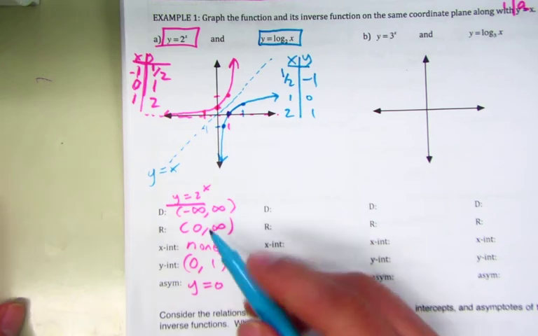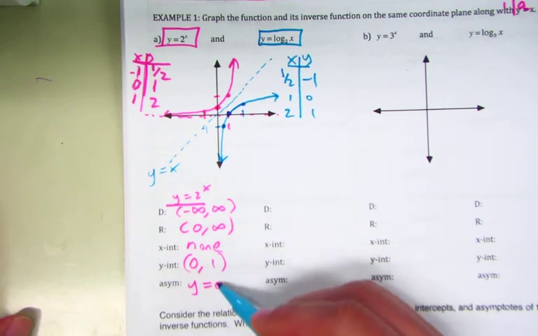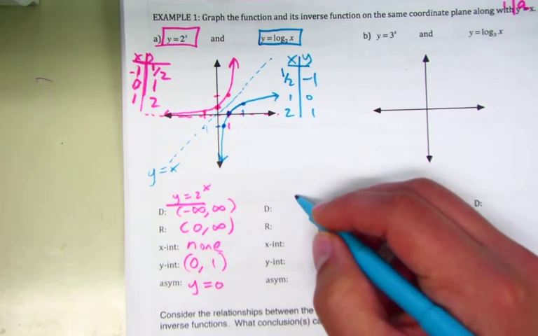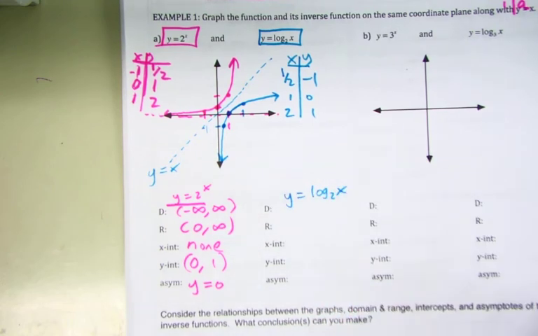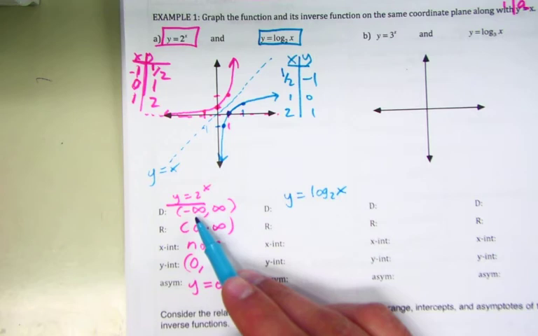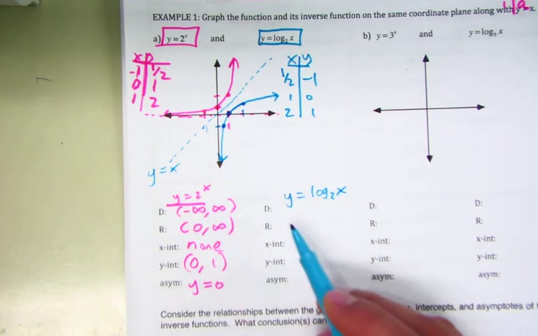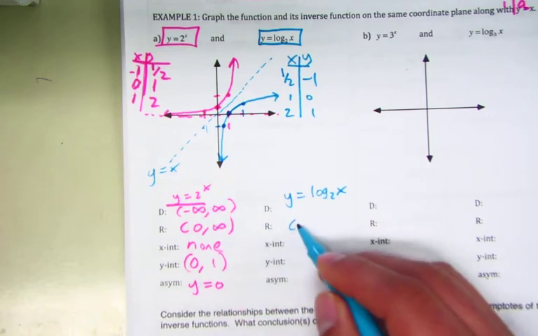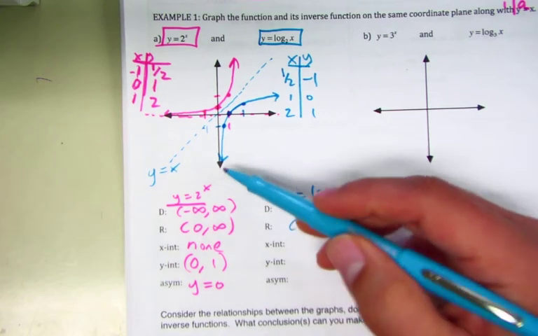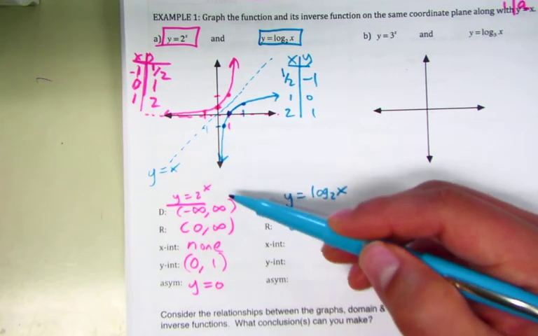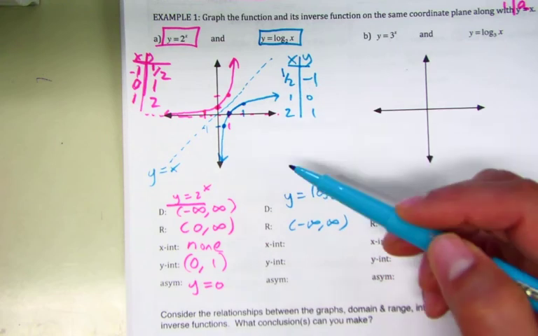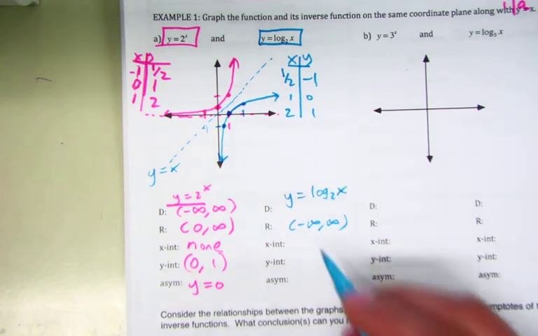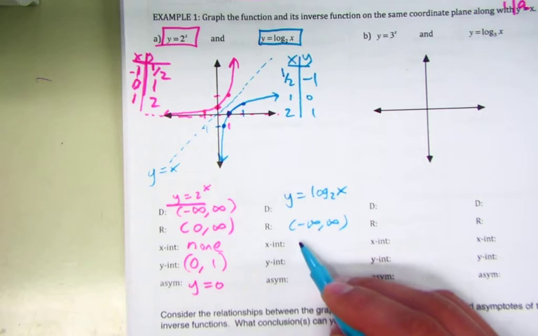Okay. So if we can remember those details about the exponential, again, just flip everything around for the inverse, log base 2 of x. Now instead of the domain being all real numbers, that would be the range. Okay. And you can see that on the blue graph, right? We go all the way down to negative infinity, and now this is just going to keep going up slowly to positive infinity. Okay? Do we have an x-intercept now?